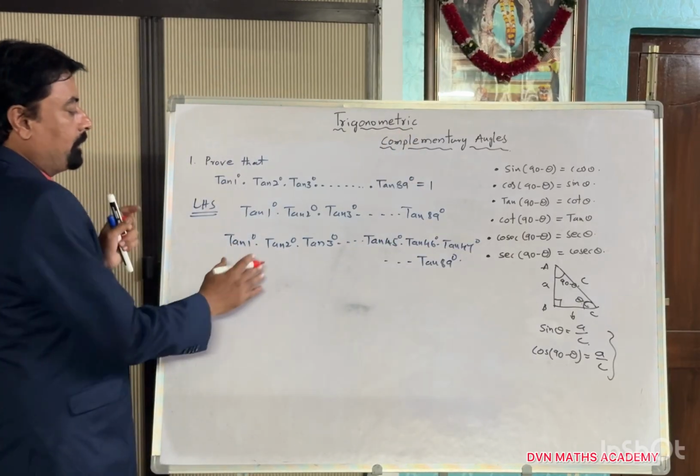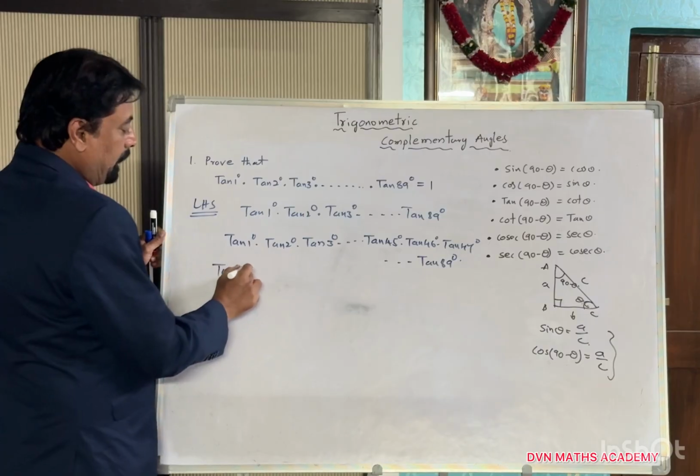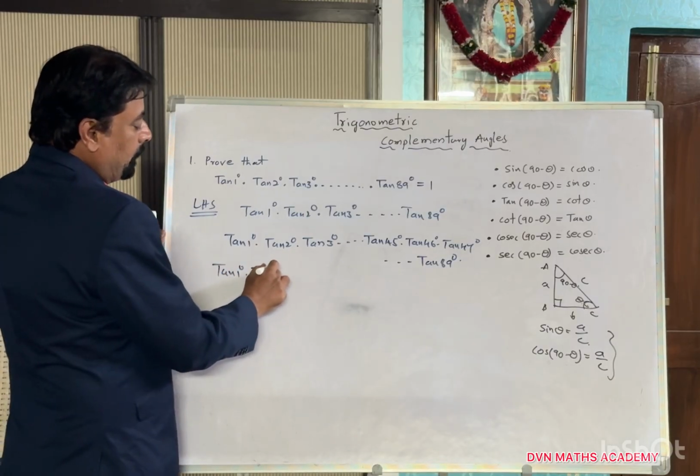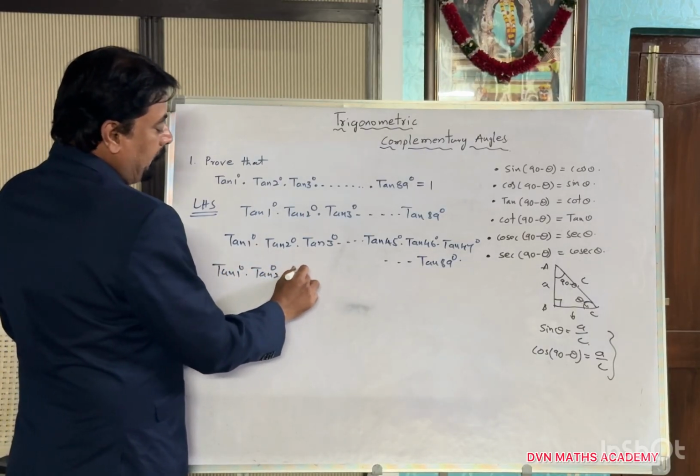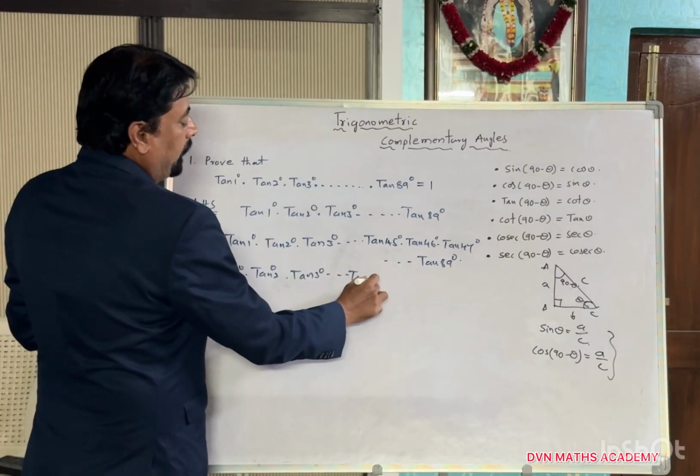Now I change the question according to the given question. Again I will write tan 1 degree, tan 2 degree and tan 3 degree dot dot dot tan 45 degrees.